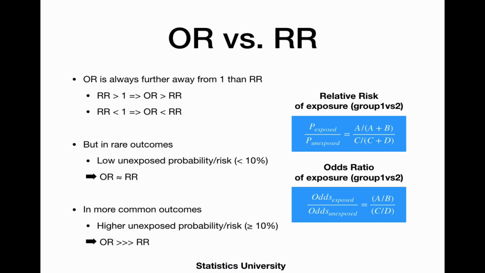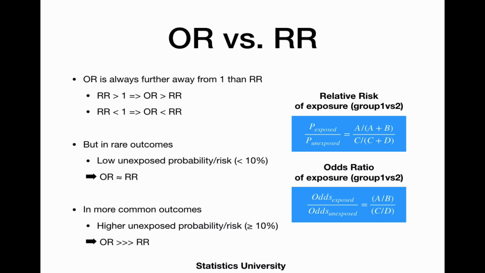However, in more common outcomes, the probability or risk in the unexposed group will be higher, resulting in much higher odds ratios than their relative risk counterparts, or in other words, the odds ratio overestimates the relative risk.